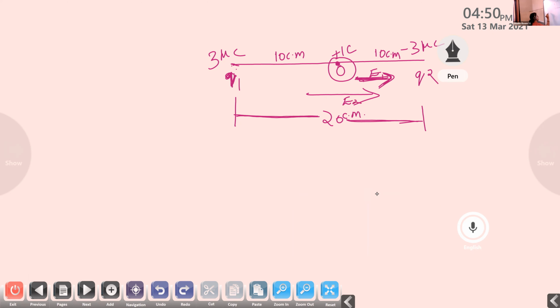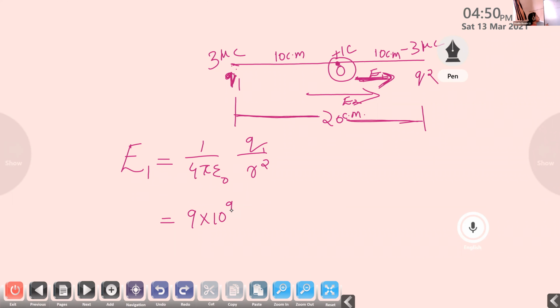Okay. So we can write the expression for E1. E1 is the electric field due to the charge Q1 on this plus 1 coulomb charge. It is given by 1 by 4 pi epsilon 0 into Q1 divided by R square. What is 1 by 4 pi epsilon 0? It is 9 into 10 raised to 9, into Q1 divided by R square.